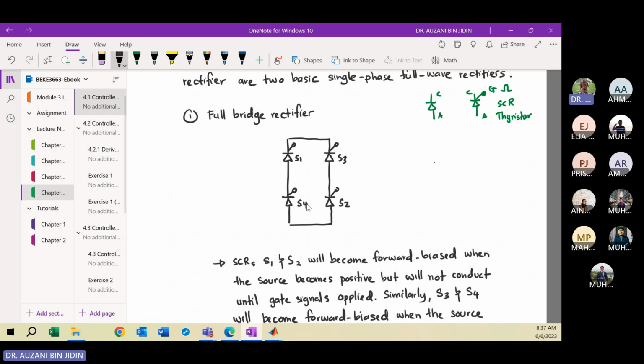Then you need to identify the input and output terminals of this rectifier. The output will be here, so this is the output terminal. And the input, you must connect at the midpoint of each leg.